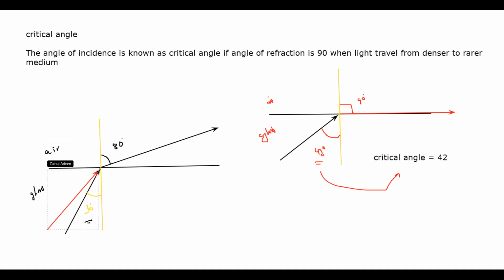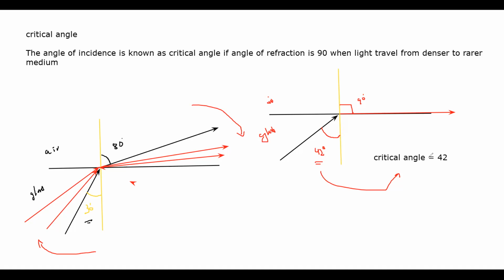When the angle of refraction is 90, or light travels along the boundary, the angle of incidence is known as the critical angle.